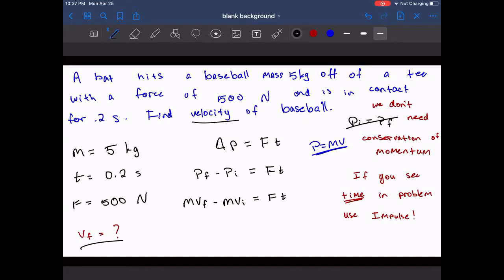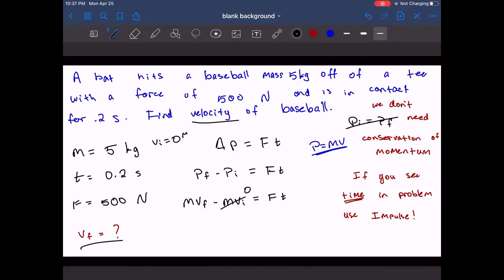And we're done. We did the hard part. Now we got to plug in numbers and get an answer. The usual, solve for whatever we want to. We have a hint though, because we know that initial velocity is 0. We probably should have written that down in the beginning.